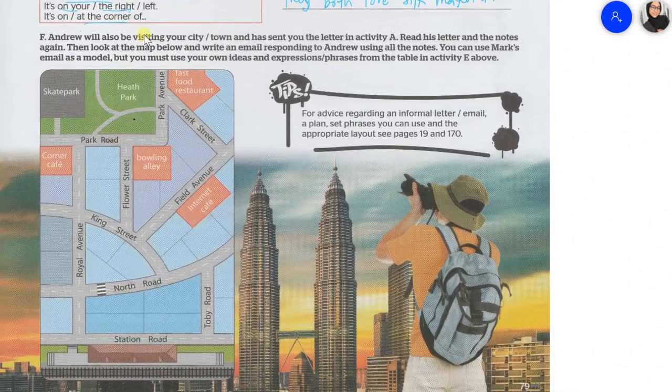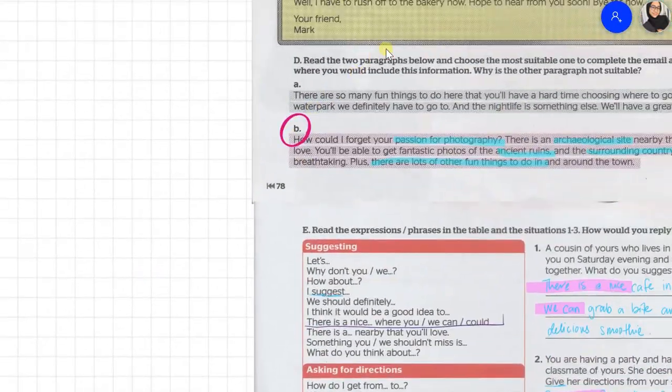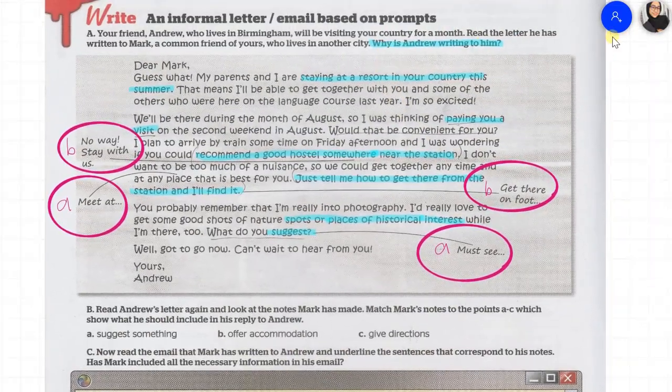This is the task where you're finally going to write your own reply letter. Okay, let's read the instruction. Andrew will also be visiting your city, okay, or town, and has sent you the letter in activity A. Basically, you have to imagine that the letter in activity A is for you, right?